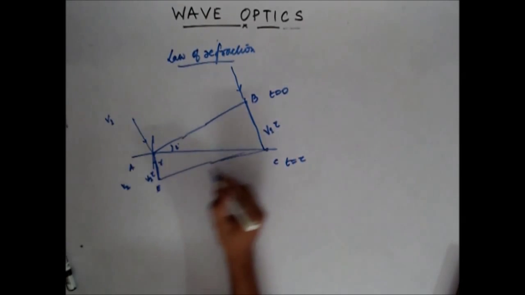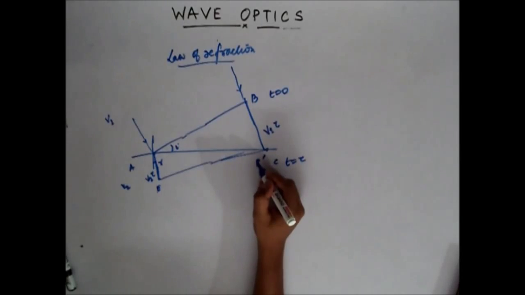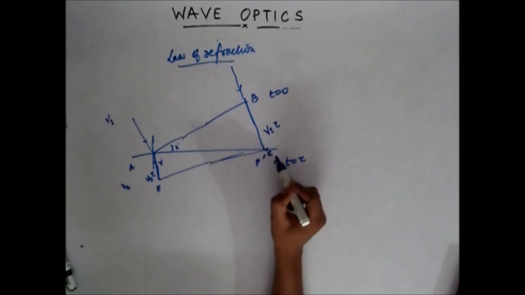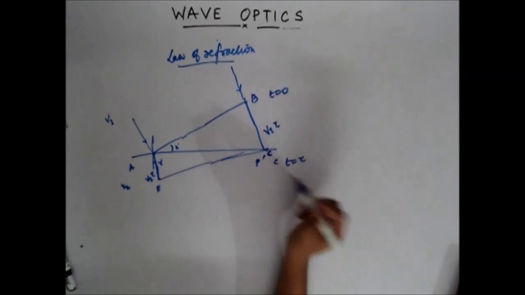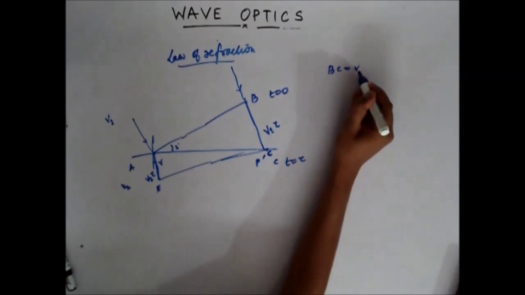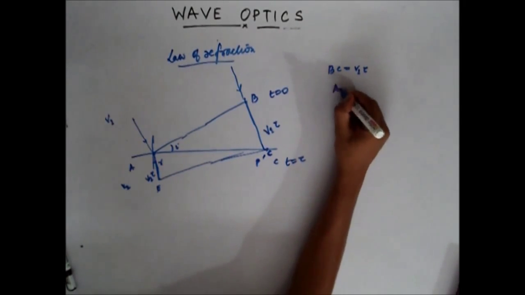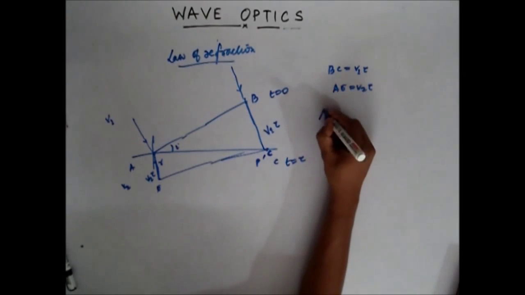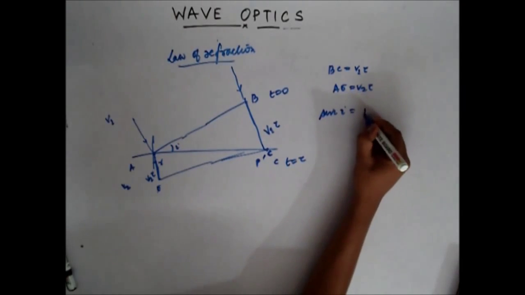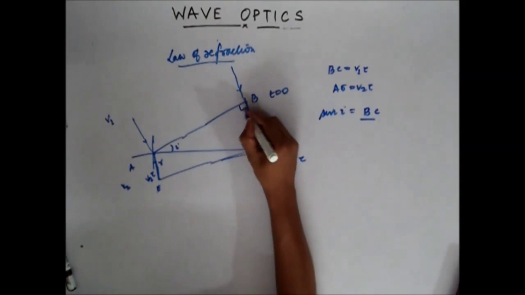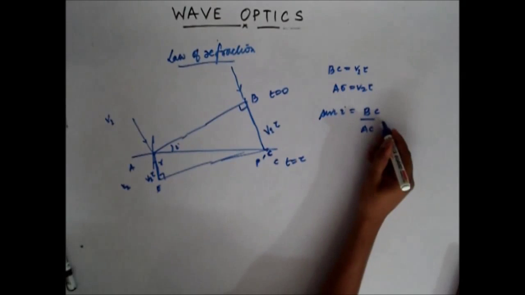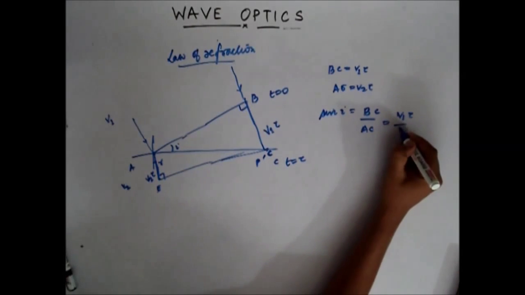Let's say this is E, this is P dash, and this point is C. So we have angle ABC, we have angle AEC. BC is v1 tau and AE is v2 tau. Now I can write sine i as BC by AC, since this is 90 degrees, that is equal to v1 tau by AC.